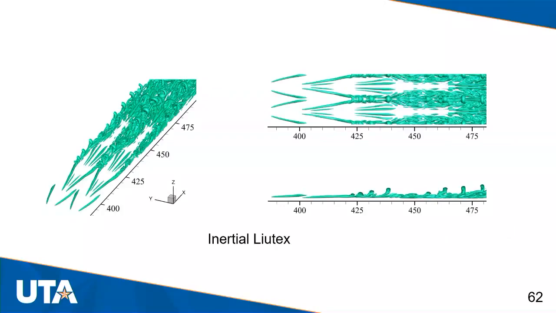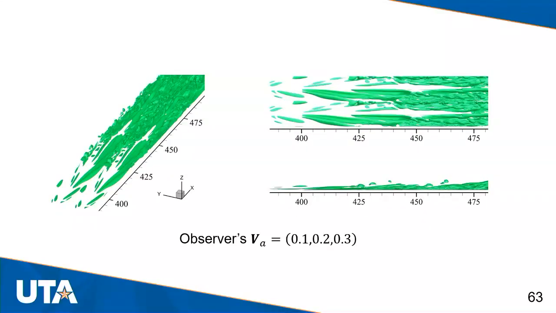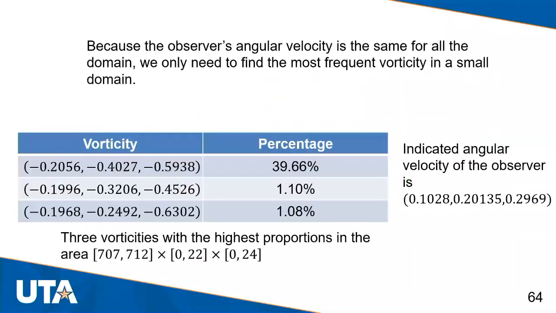This is the original Liutex isosurface. Then suppose we have an observer rotating at this angular speed, and you can see the vortex structures become distorted. This is not the real vortex structure.